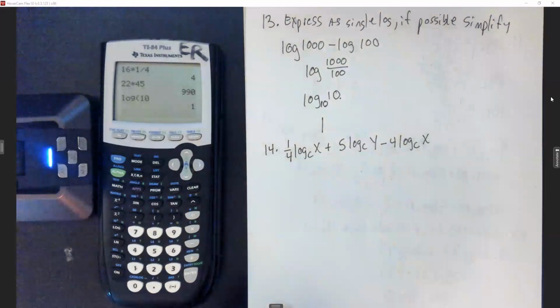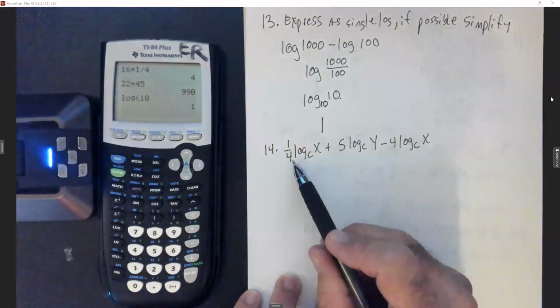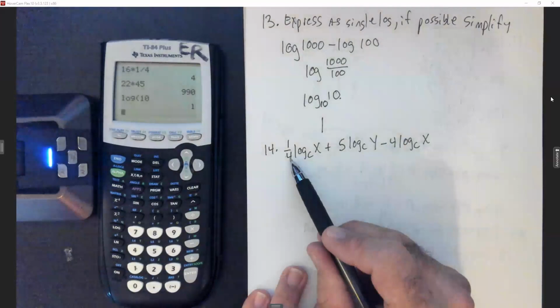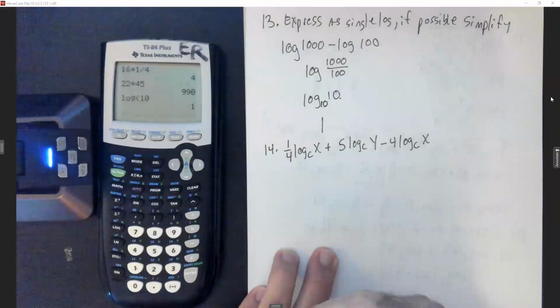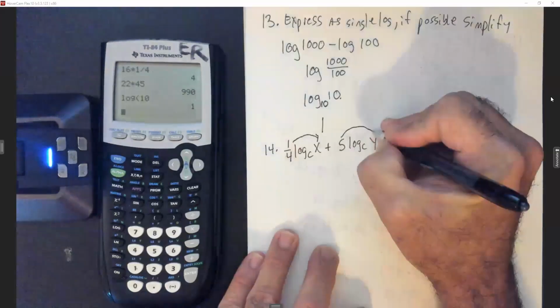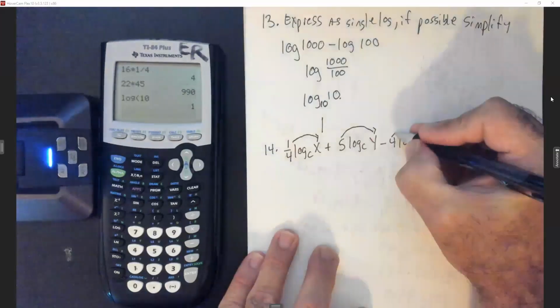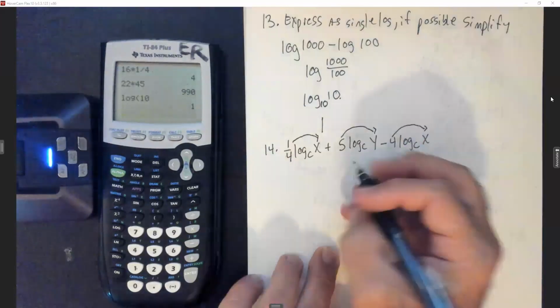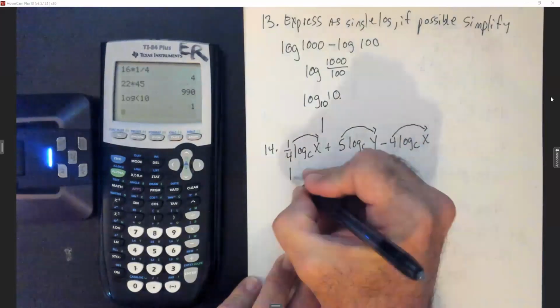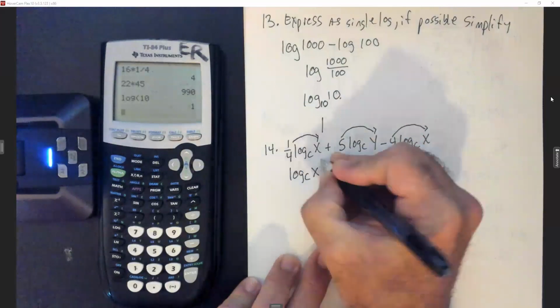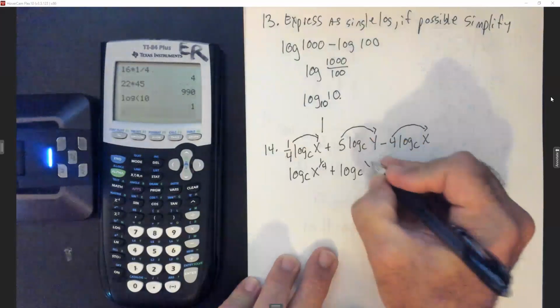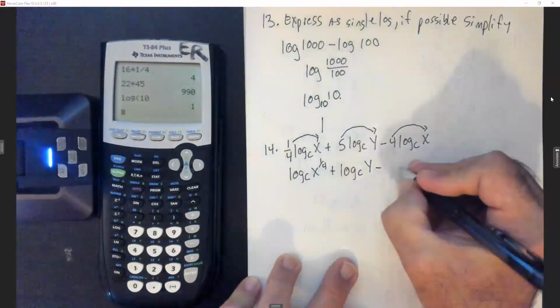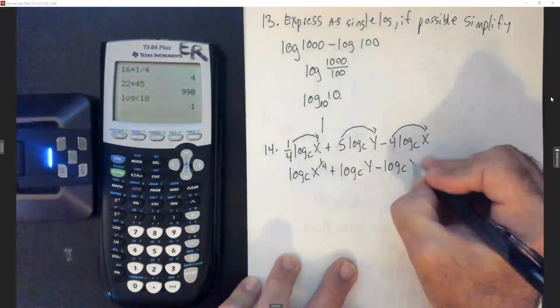So if the last thing I did before was bringing down these exponents, the first thing I do going the other way is bring those exponents up. So the first thing we'll do, bring the exponents up. So this gives me a log C of x to the 1/4 plus log C of y minus log C of x to the 4th.